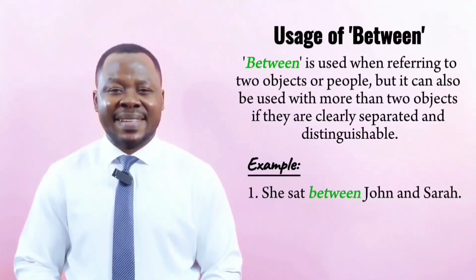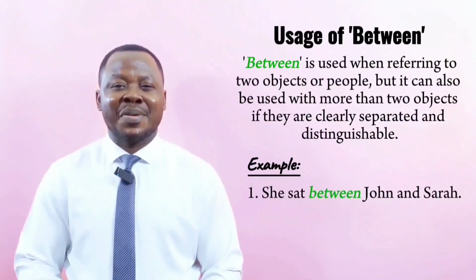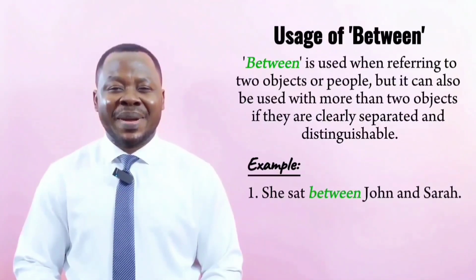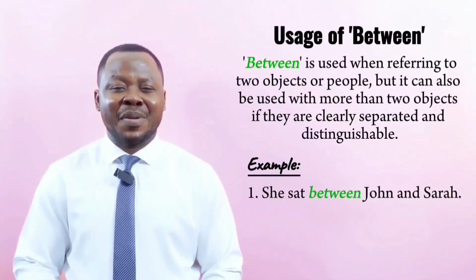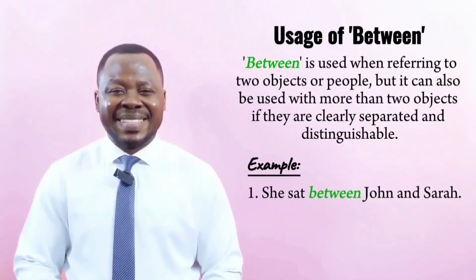In this sentence, between shows a specific position, with the subject she located directly in the middle of two distinct individuals, John and Sarah. This highlights a clear separation between the two entities.